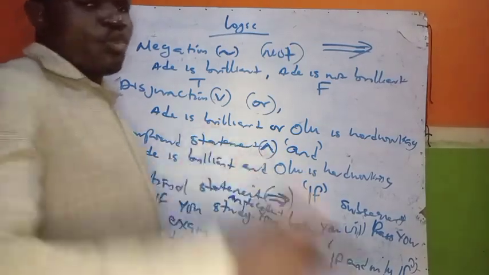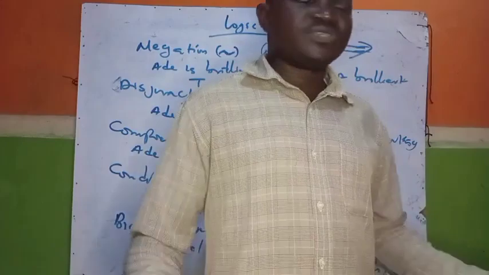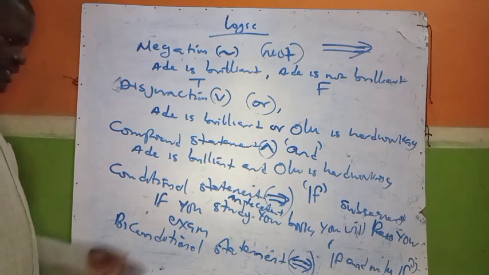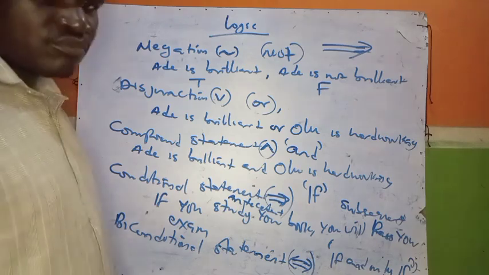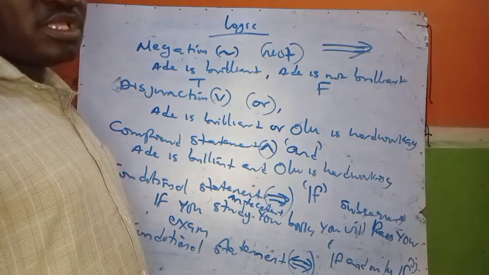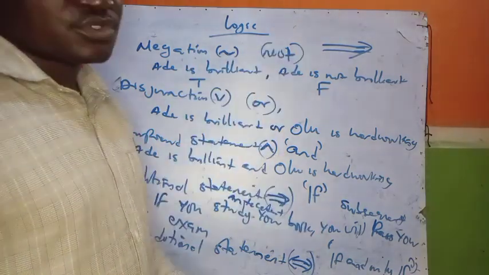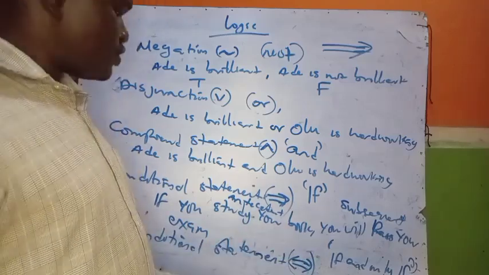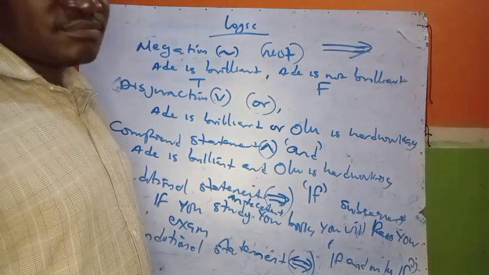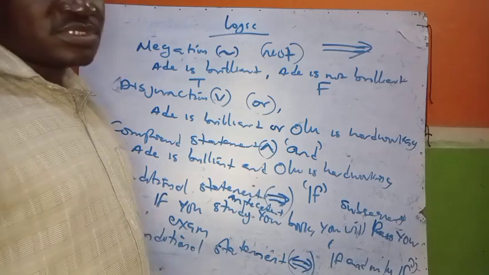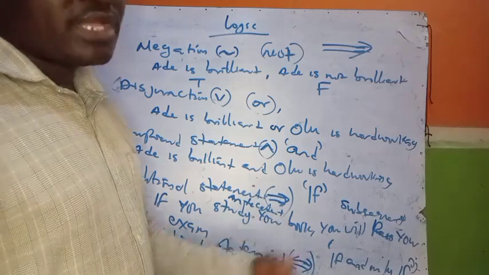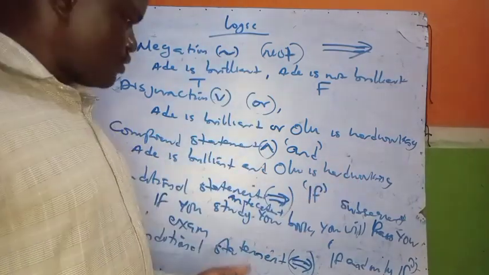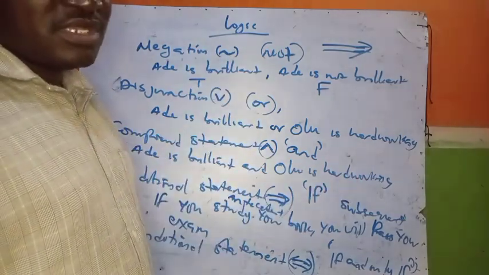If and only if you study hard, you pass your exam. When is this statement going to be true? It will be true if both statements are either true or false, otherwise it is false. What I'm saying is the biconditional statement will be true if both statements are either both true or both false. Otherwise, if either of them is true, it means they are going to be false.